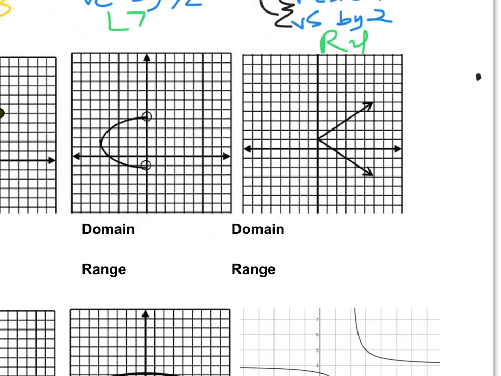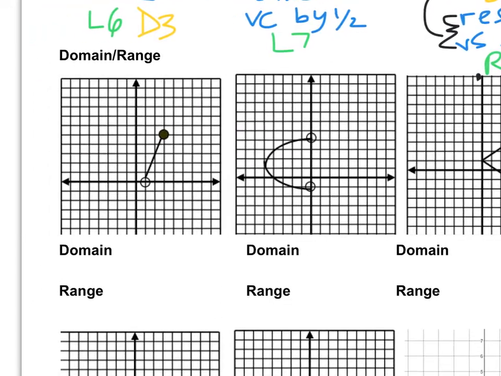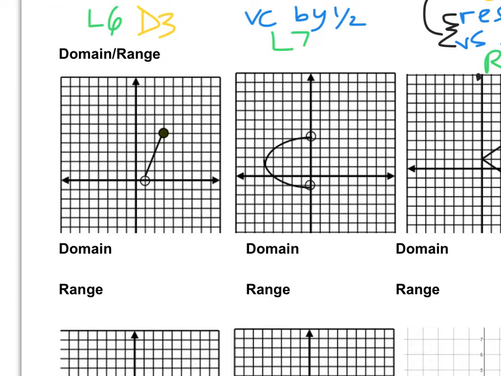All right, so domain. Domain is how far left and how far right my graph goes. So my graph goes from 1 to 2. And at 1, I have an open circle, so it needs to be parentheses. And at 2, it's a filled in circle, so it's going to be a closed bracket.